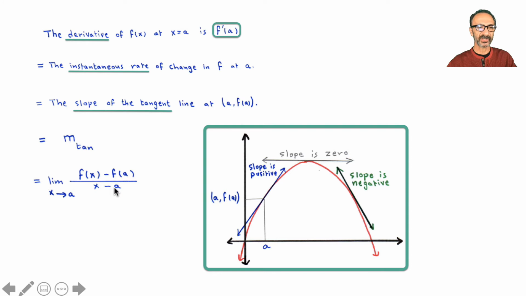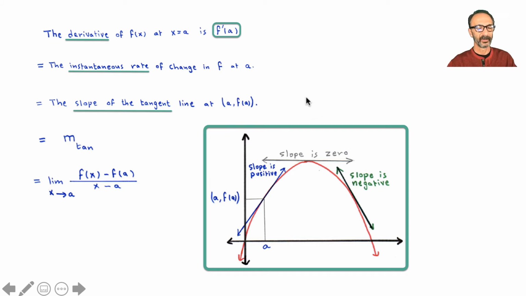As x approaches a, so if we have a here and x moves and moves and moves closer to a, the secant becomes tangent. So this is the limit concept. Whenever you have a limit, we are in the derivative mode. Without a limit, it's just called secant, and slope of the secant.